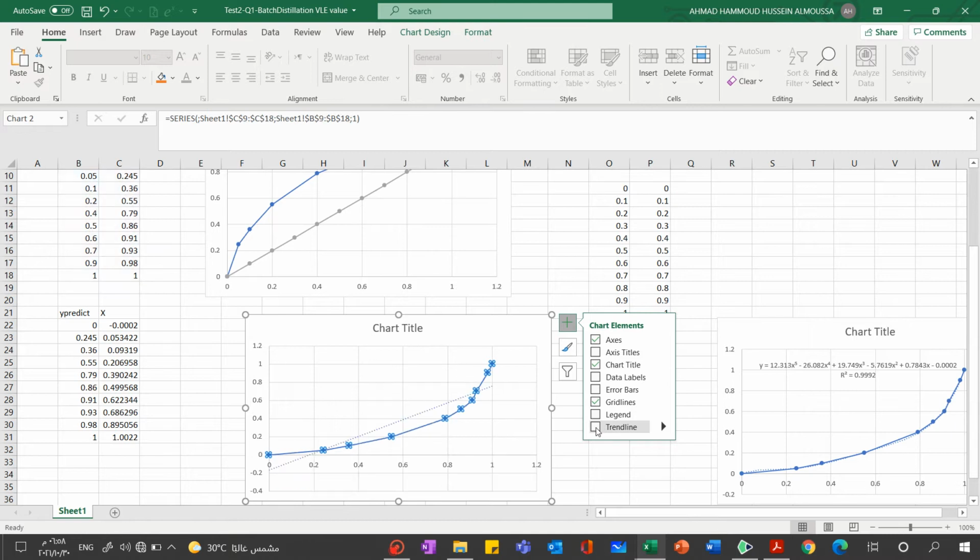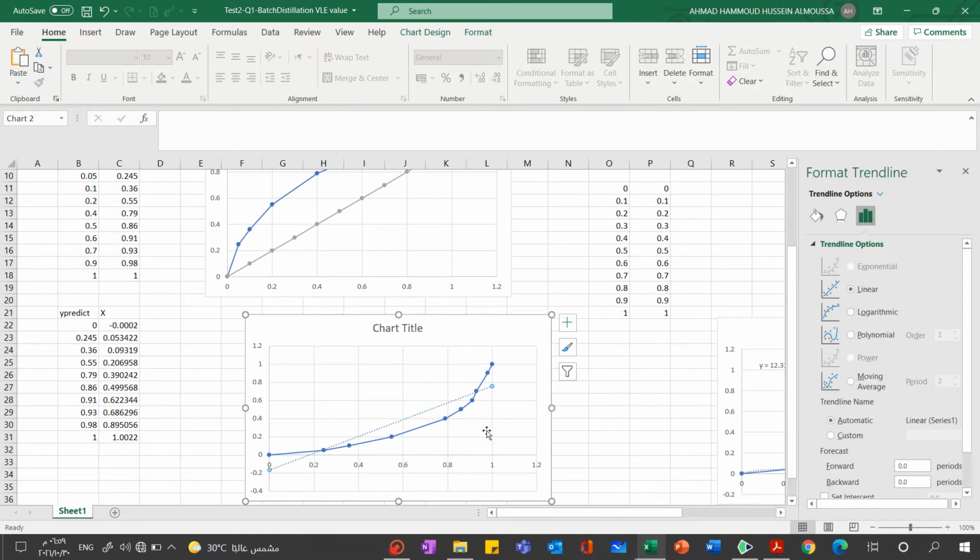which gives you the best fit line for the points, but this best fit line gives you a linear equation, so you must choose another format for the equation that will make the trend line and the R squared more equal to 1.